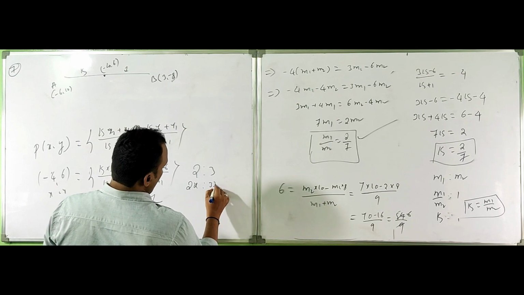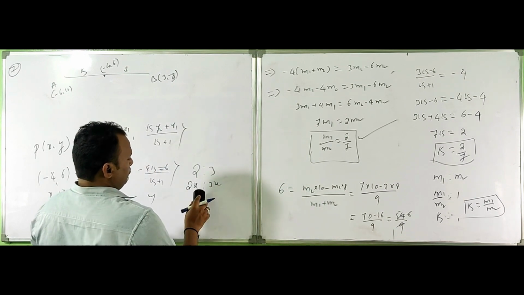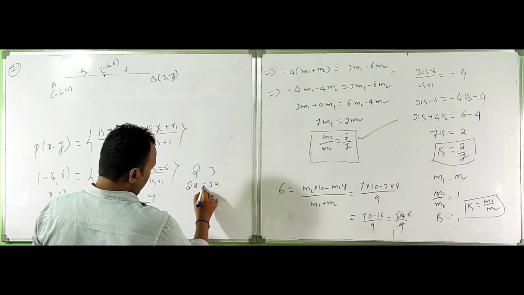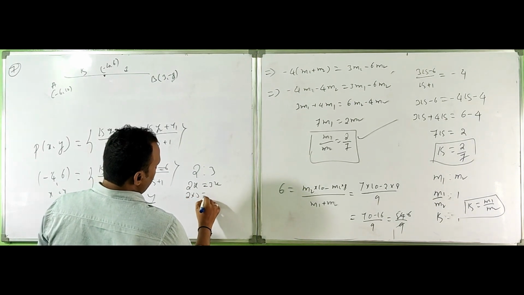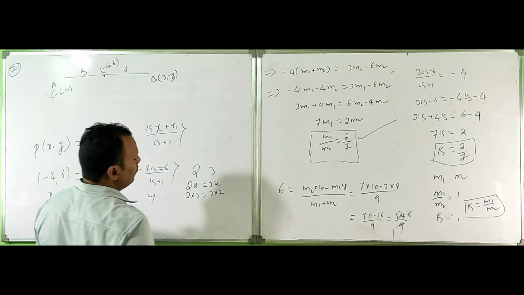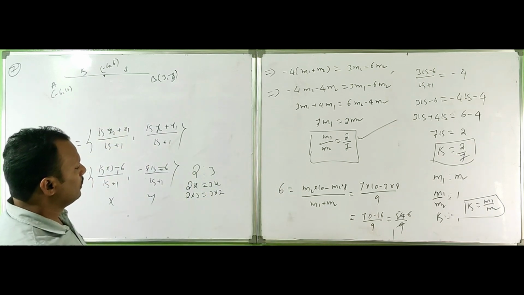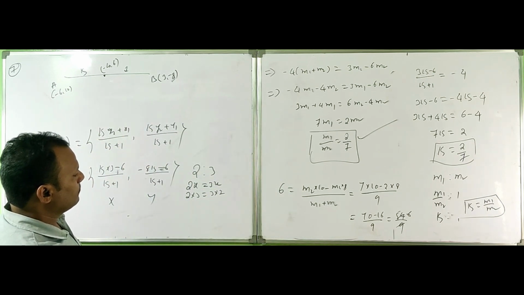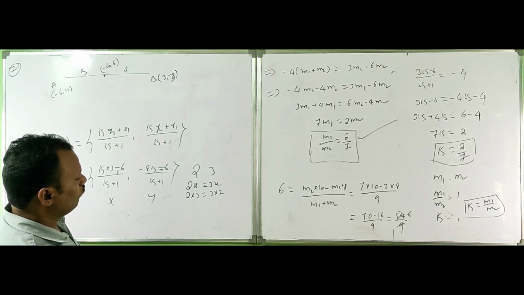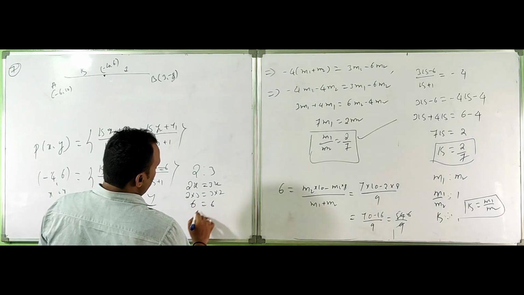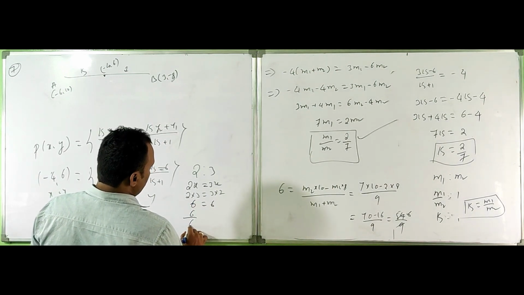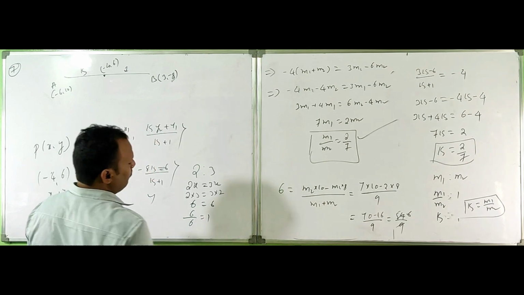2x into 3x value is equal to, meaning 2 into 3 is equal to 3 into 2, right? So this is 6, and 6 equals 6. Can I write it as 6 by 6 is equal to 1?